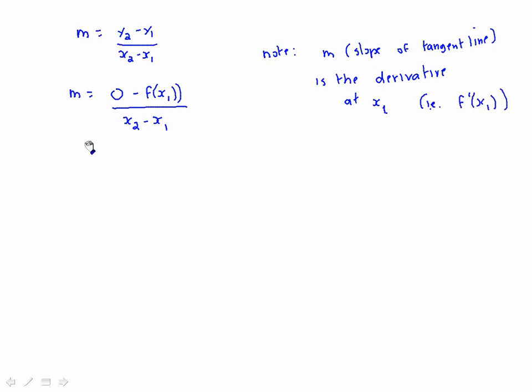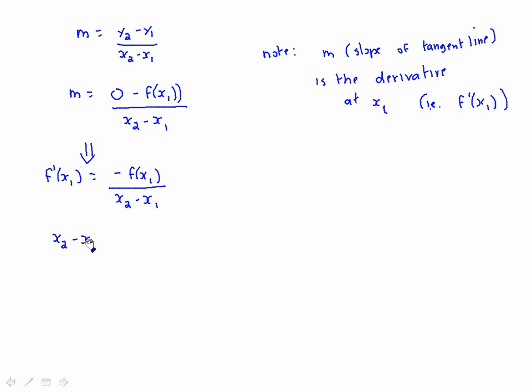So we go into this equation and we make that replacement, and it now looks like this. f prime of x1 is equal to negative f of x1 divided by x2 minus x1. And then if we clean up this proportion, this fraction, first off by multiplying and then by dividing, we can get it in this form.